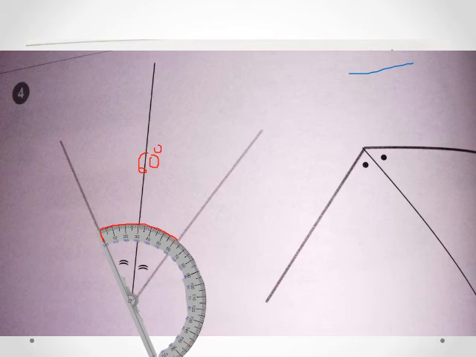So I have to divide 60 by 2. The answer is 30 degrees. So I have to mark a point at 30 degrees and join it to the vertex. And I can clearly say that this semiline here is the bisector of the given angle.